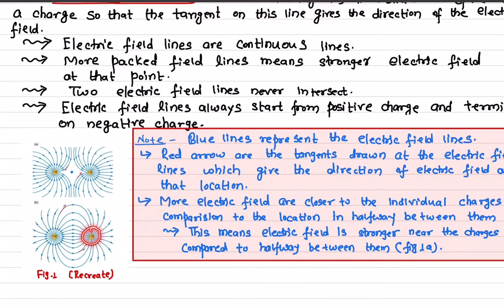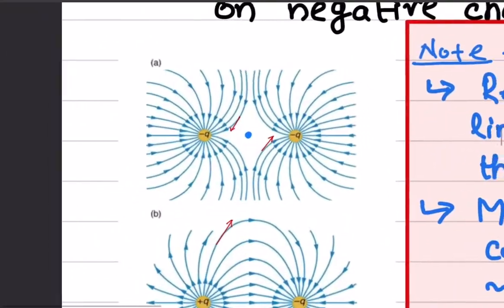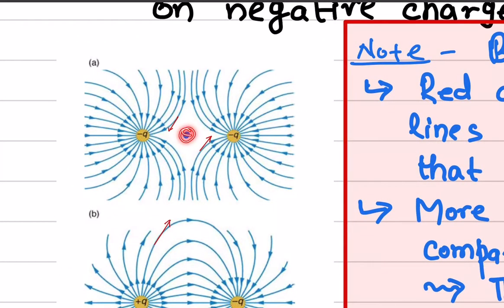If I take a unit circle here and a unit circle here, more electric field lines are here than compared to here. What does that mean? The electric fields are much stronger near than away.